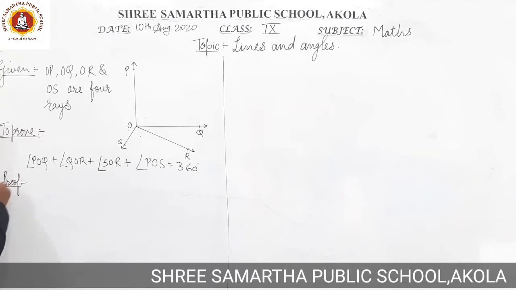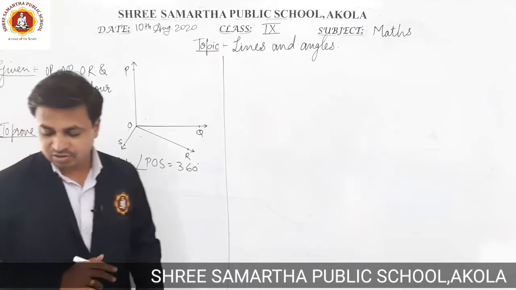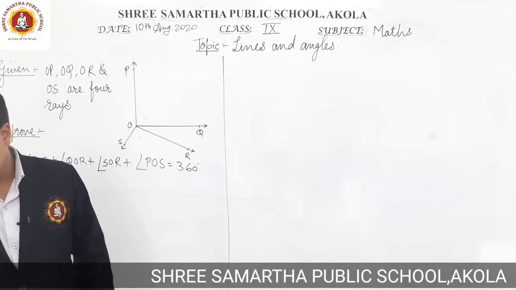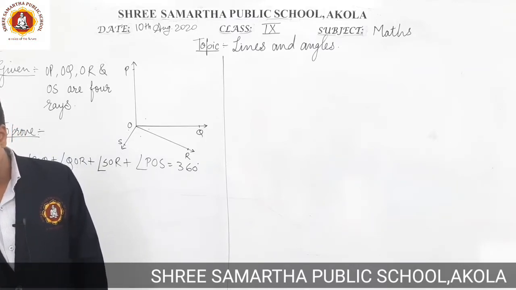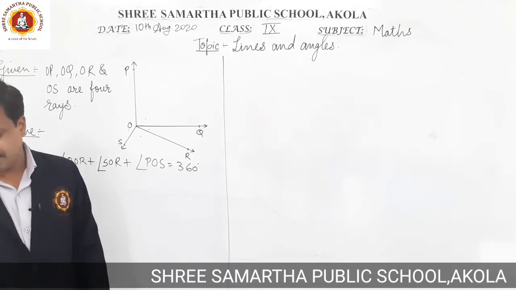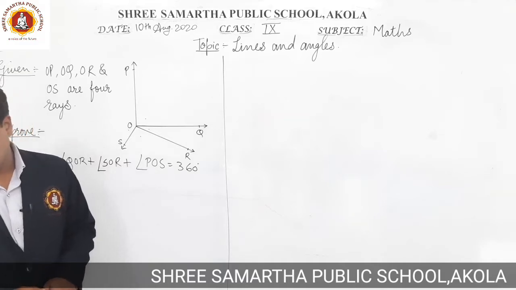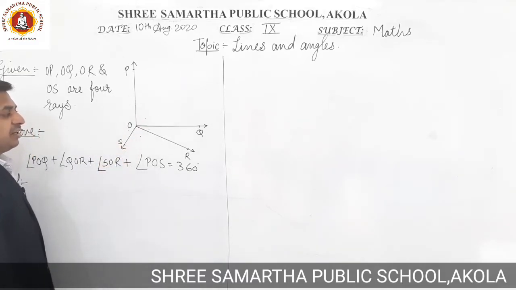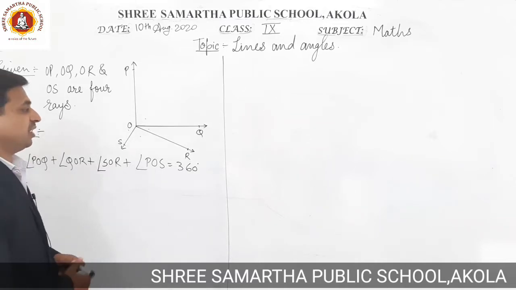Now in the proof, dear students, to prove that the sum of all these four angles is 360 degrees, we will have some construction. Out of these four rays we can extend any one ray.